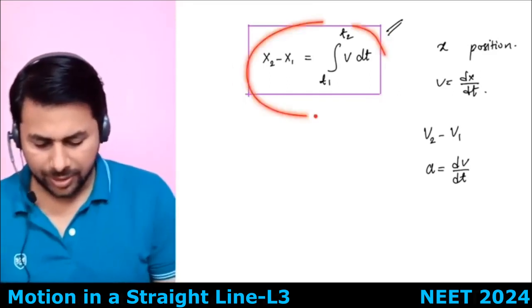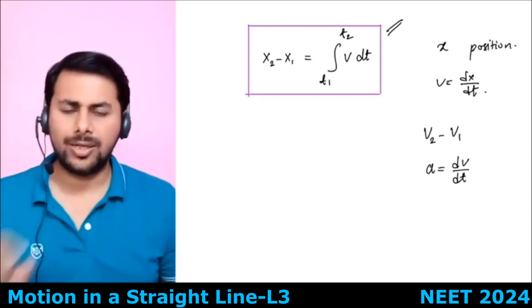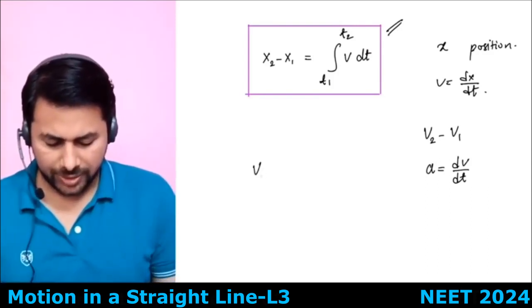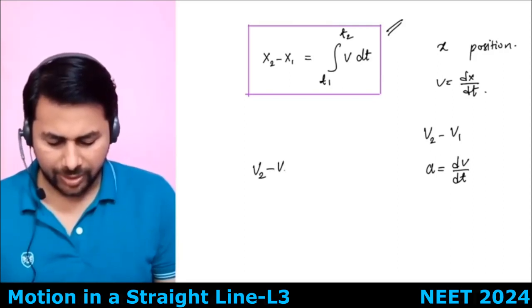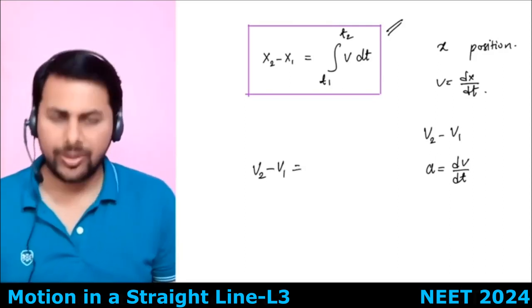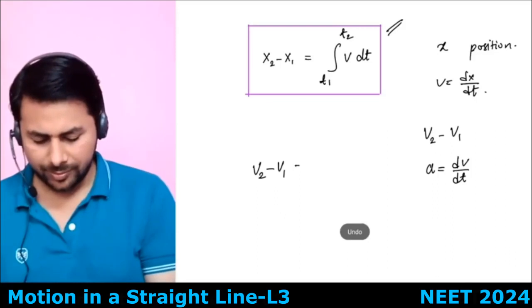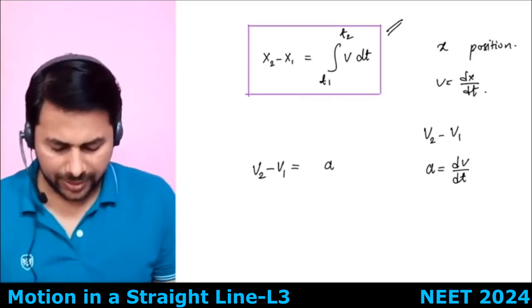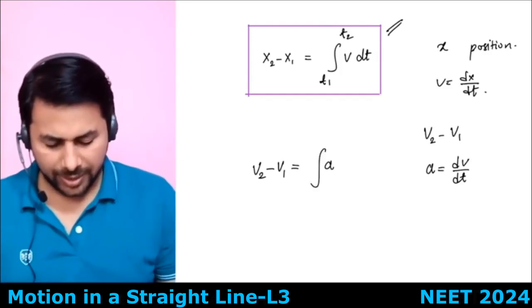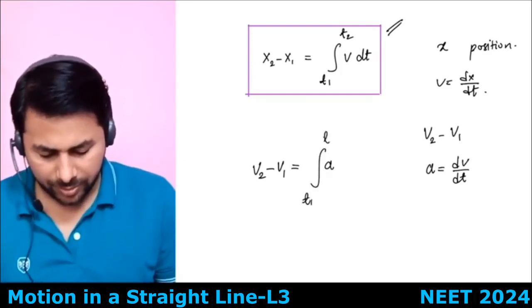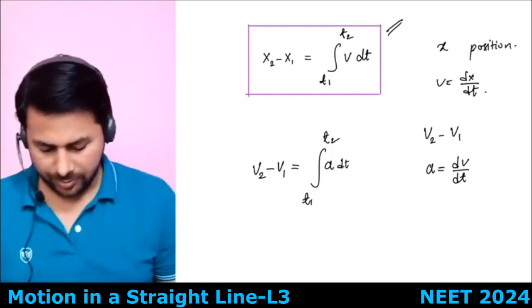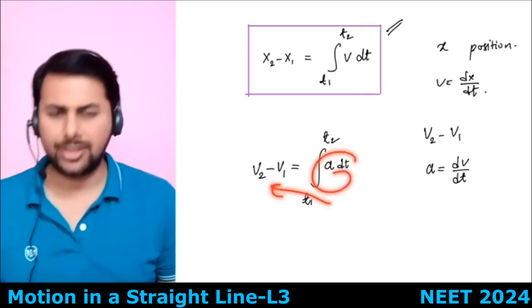The change in velocity, v2 minus v1, equals the integral of acceleration from t1 to t2 with respect to time. I will get the change in velocity.